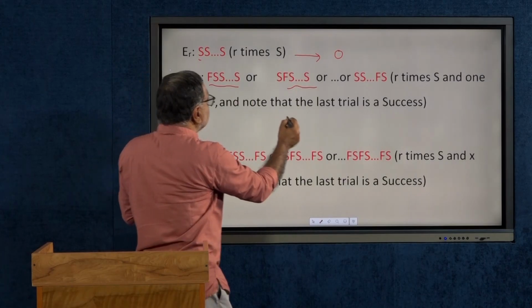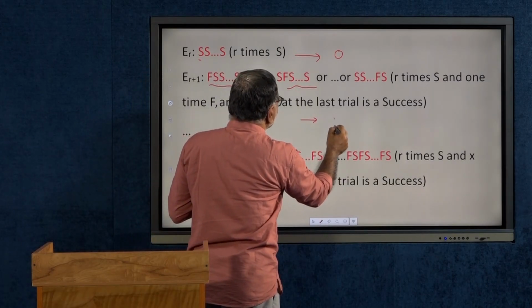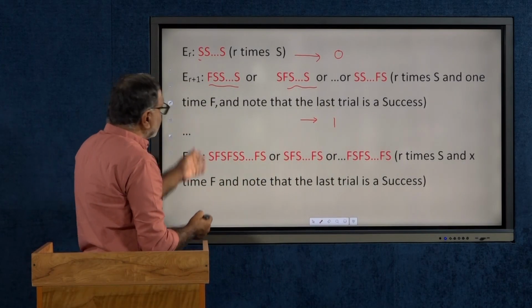So, the last trial is always a success. In this situation, the number of failures is 1. You continue like this.